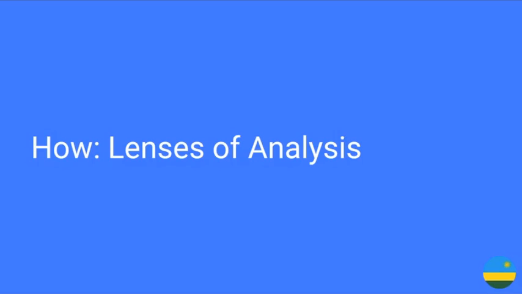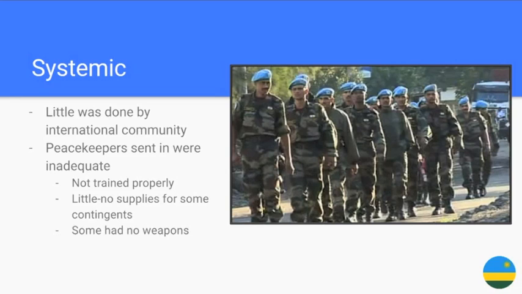All right. So how did this occur? We're going to look at these again through the lenses of analysis. Systemically, little was done by the international community. The peacekeepers that were sent in were inadequate because they weren't prepared to deal with a full-on genocide. They were only there for the Arusha Accords. They weren't trained properly.